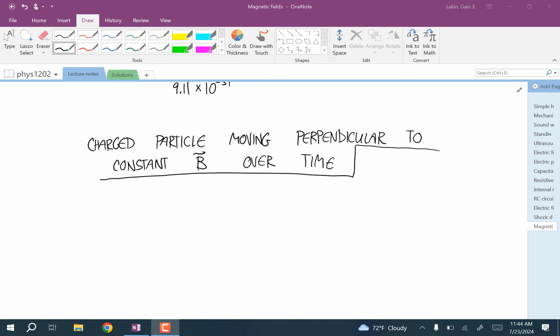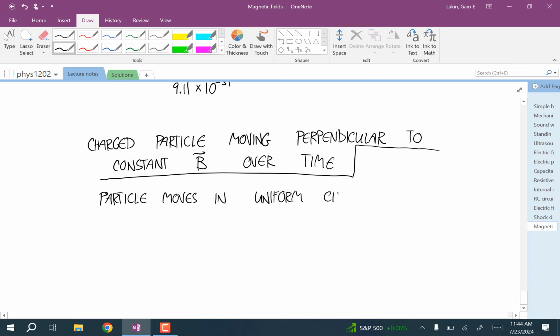Everything about this calculation is going to be pretty similar to the one before, but what's going to happen is the particle is going to move in uniform circular motion. And we're going to use the force calculation.